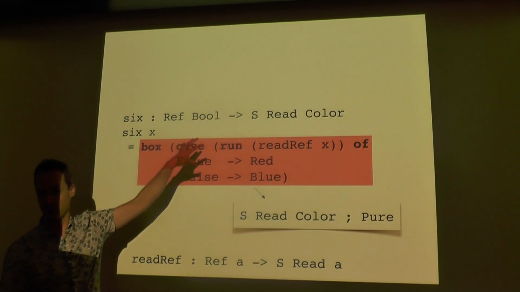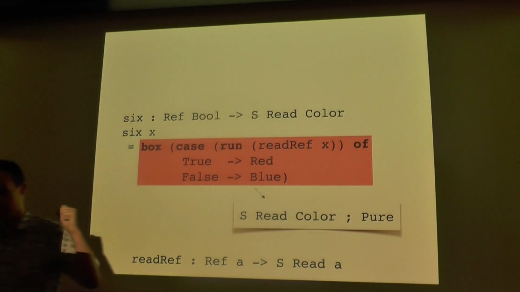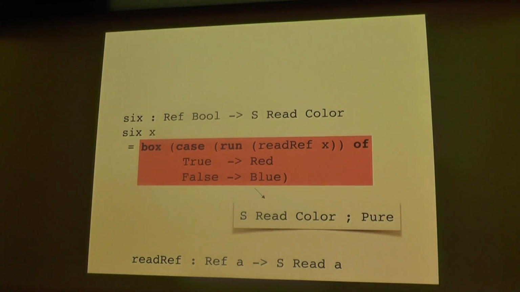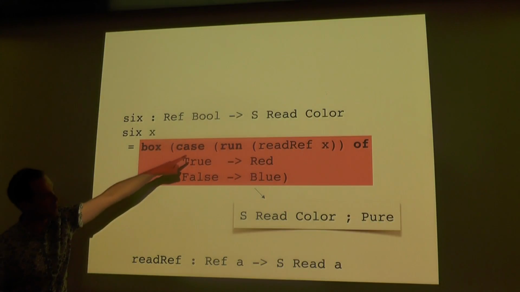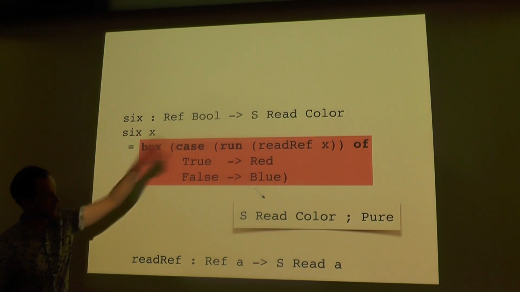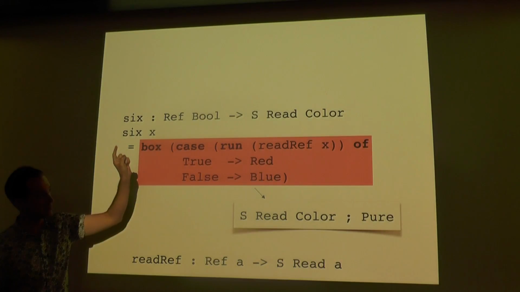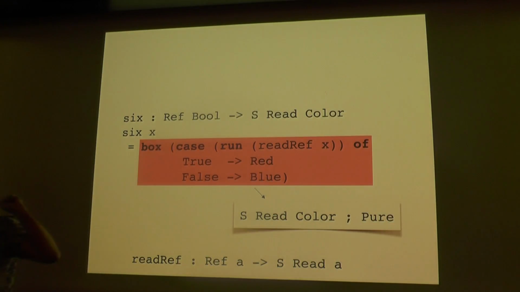So now I have a pure value again, which is a suspended computation. And it's that pure value which is the body of my function. So the type of this overall function, well, it says it takes a reference to a Boolean and returns a suspended computation which wants to perform a read effect and will return a value which is a color. Okay? Does everyone follow that? Good.